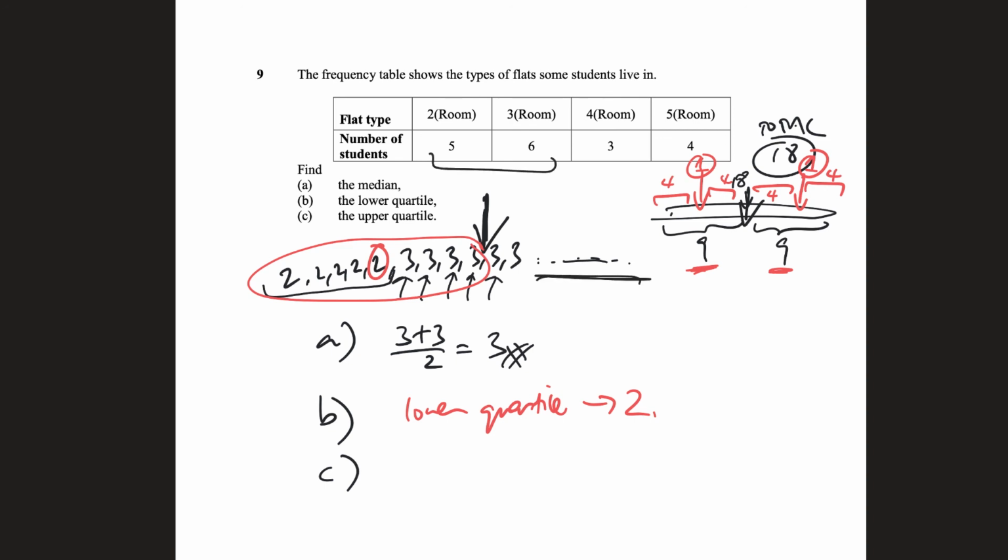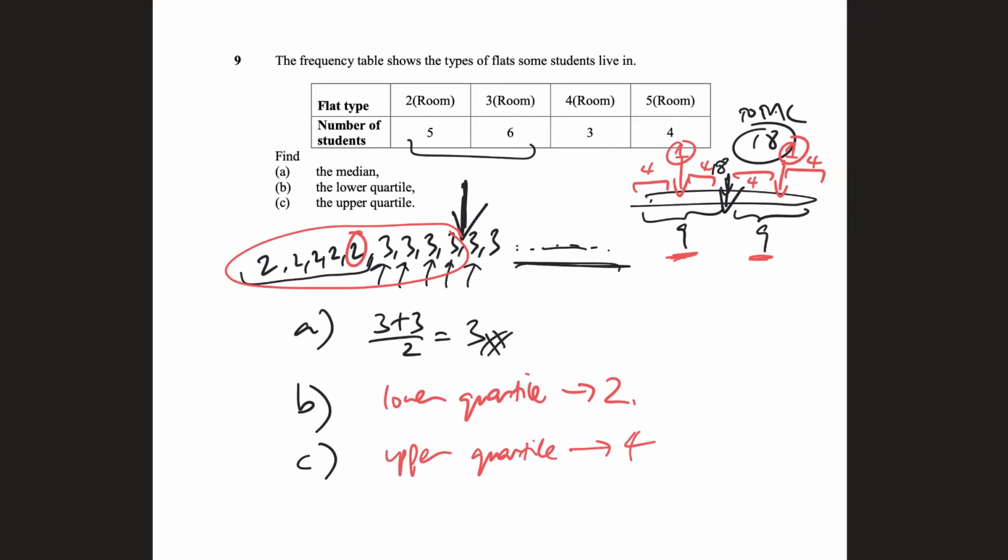Because this is 11 points, then my 12th point is here. My 13th point is here. And my 14th point is also here. So my 14th point is going to be the 4-room. So my upper quartile is also going to be a 4-room flat. Yep. There we go.